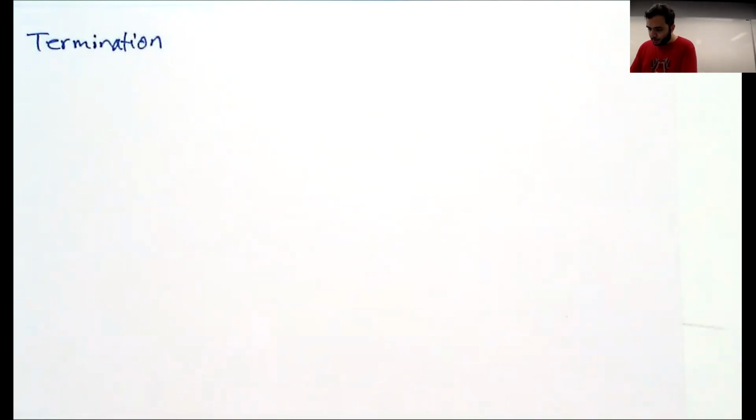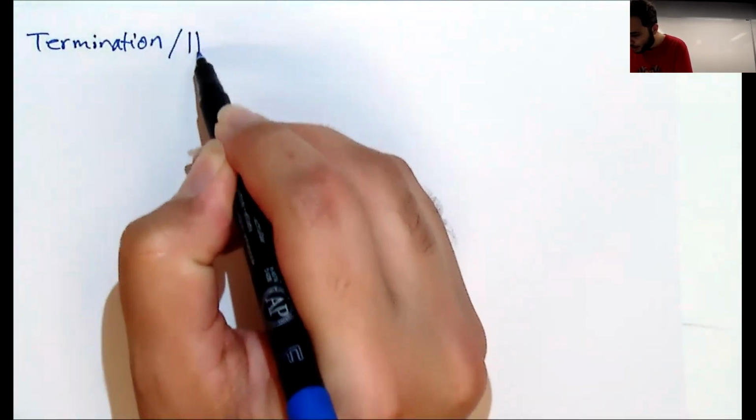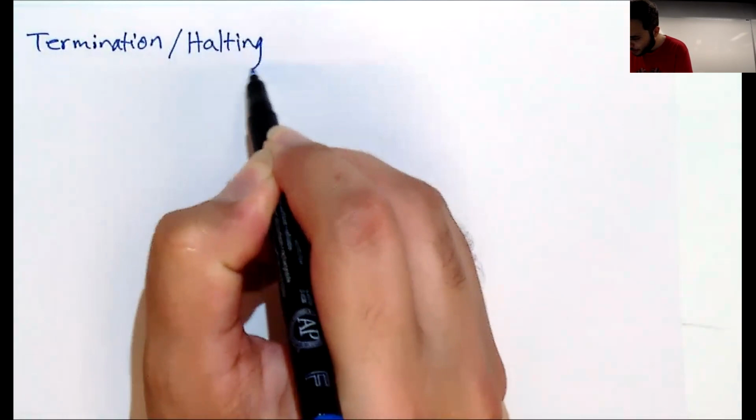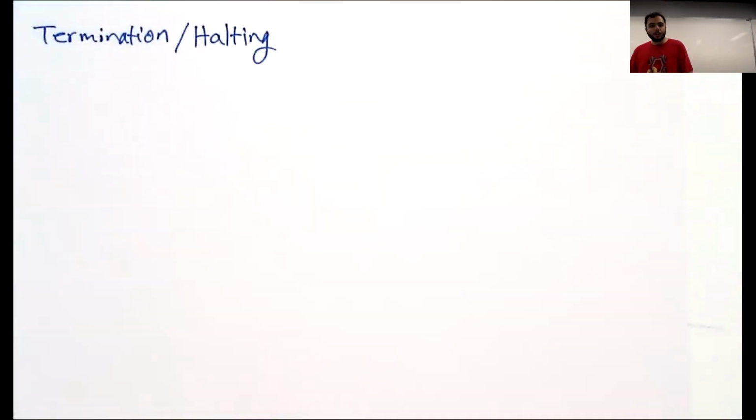Another name for termination is halting. And this was a problem that was actually first considered by Turing. And if you've taken theory of computation courses, I'm sure you know that this problem is undecidable. But I'm going to cover this anyway.